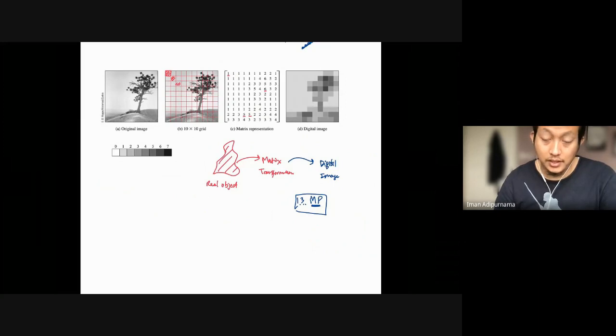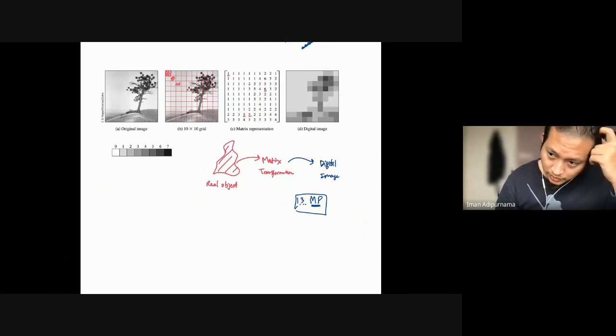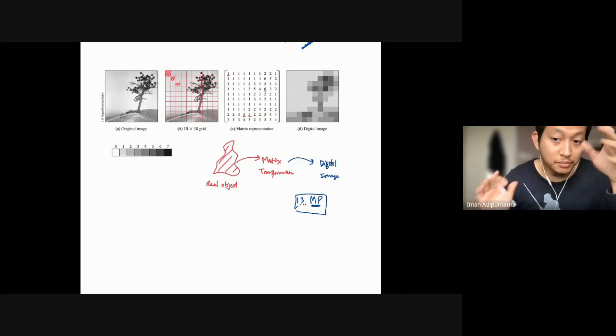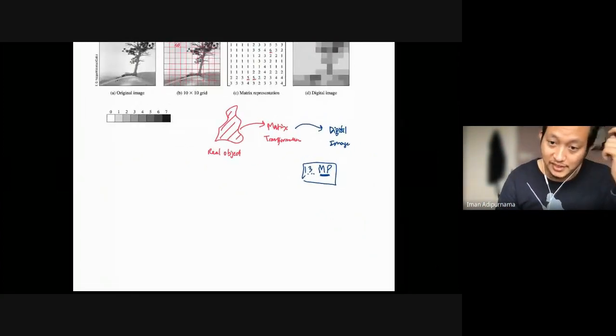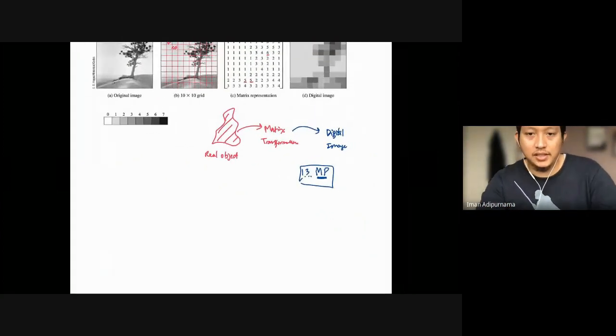So if you have a smartphone, when you take a photo, remember inside the processor in your smartphone there is a certain process. It's called smart because it can process something, it has a brain to process. So that's why it's called a smartphone. Okay, so that is computer graphics.